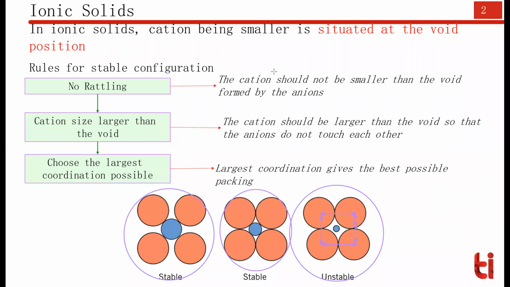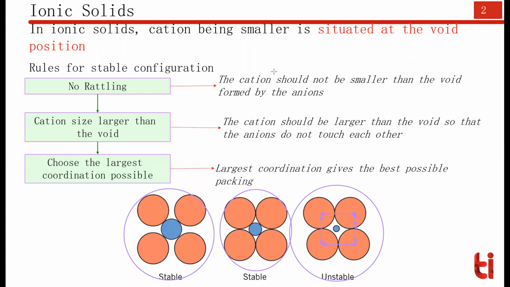Sir, an ion carrying a positive charge is called a cation and an ion carrying a negative charge is called an anion. An ion with a negative charge is an anion, okay?